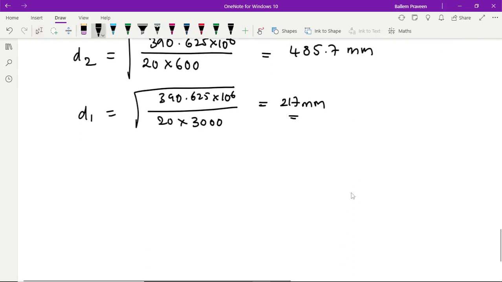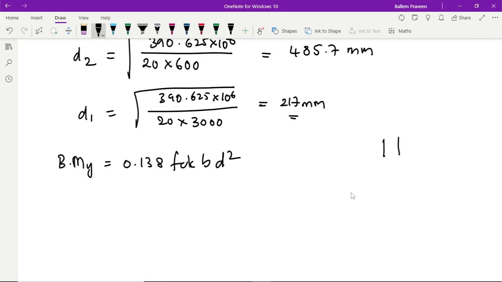Okay, now let us equate the same equation with moment about y. The same equation 0.138 fck B d square, and here you have to check these dimensions with the other side. So if we draw the other side, this width is 2000, right?